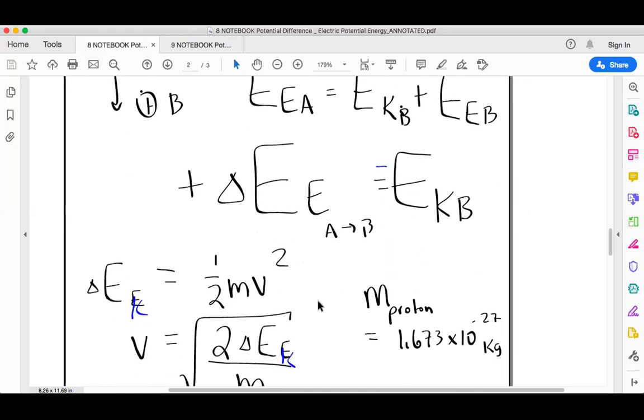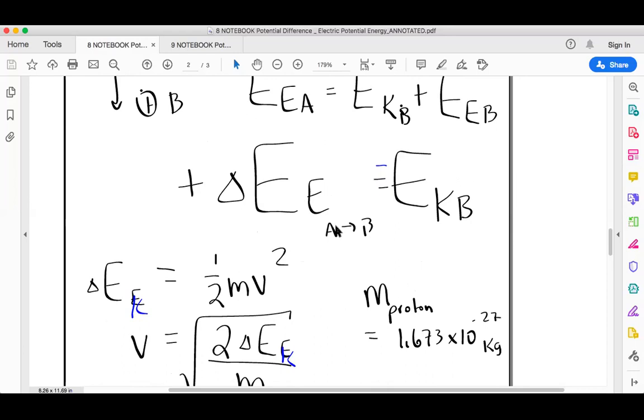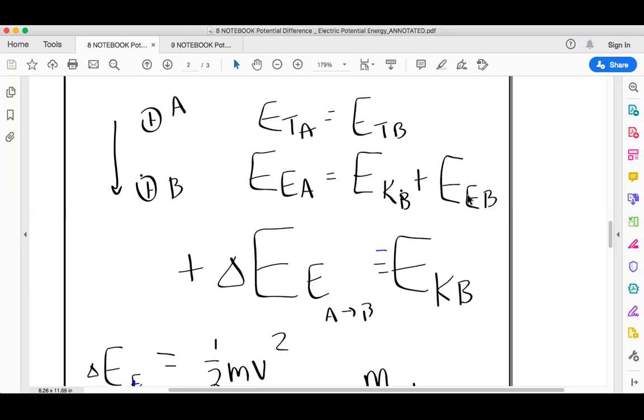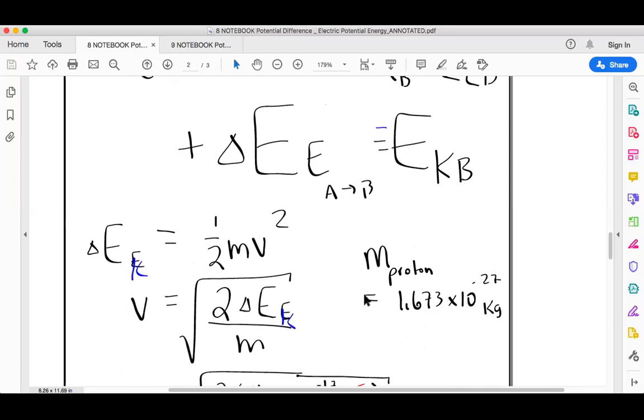So we get that our EE at A compared to EE at B. If we move this over to the other side, it's final minus initial, or I guess initial minus final. So if I move this over, it's EEA minus EEB, which is the opposite of what I want. So that's why I actually add a negative here.